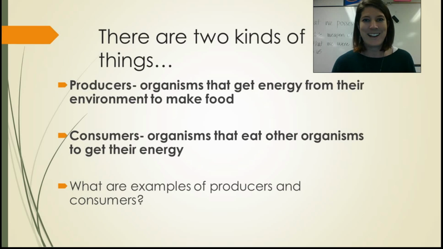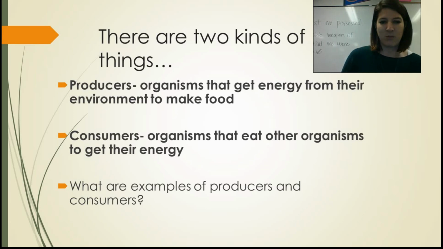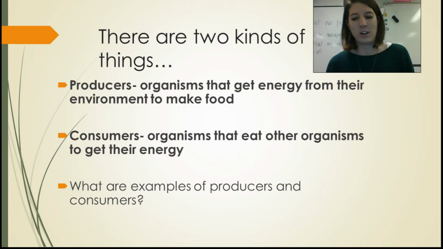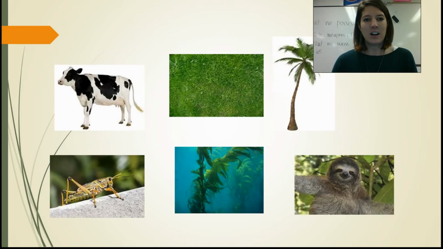Hi, you're back. Yay. Hopefully you came up with an example of a producer and consumer. It's not too hard to come up with one, but here are some that I've come up with. So, right here, this is a cow. A cow is, like Dora the Explorer, you can say it out loud and I can't hear you, but say it. What is a cow?